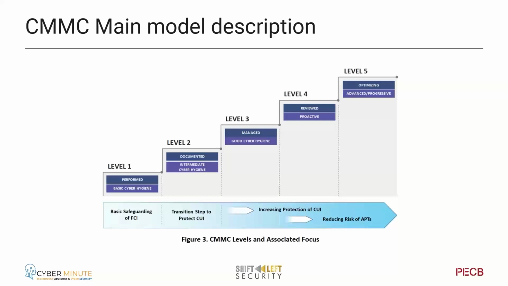And why is this so important? I think everybody has seen last month the big attack using supply chain software with SolarWinds. Well, that was an advanced persistent threat, and the only way that you can protect your organization against these kind of targeted attacks or unknown attacks is that you are at level 5.